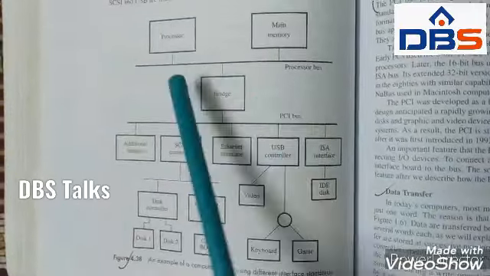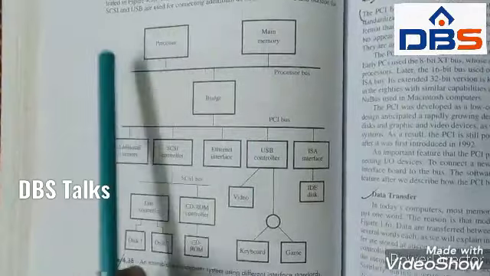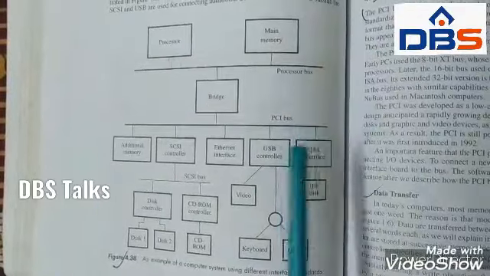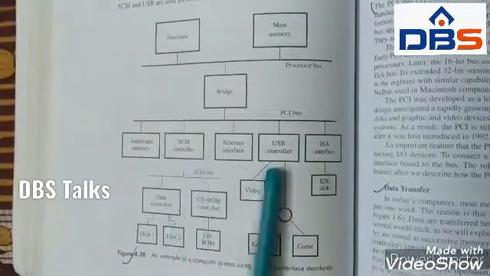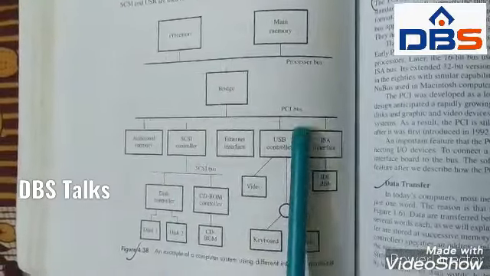Here one bridge is there, and then the PCI bus. From that PCI bus we are connecting all the peripheral devices to the processor as well as the main memory. In that PCI bus we are using two different types of things: one is SCSI and another one is USB.